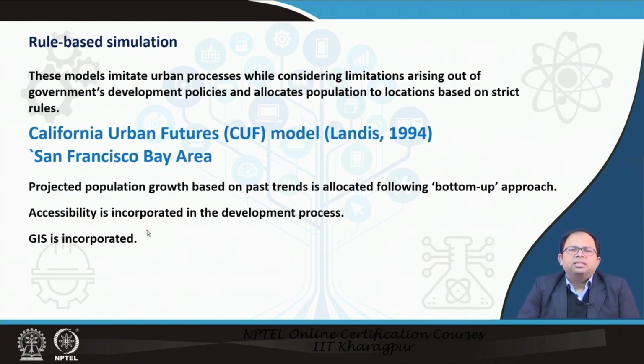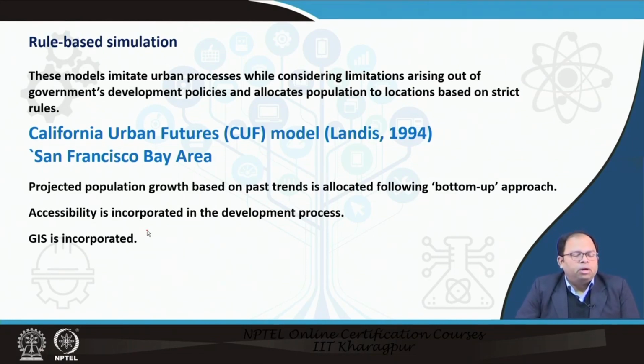For example, development is not allowed in a site which is a wetland. So, it will take that limitation, and based on the normal urban process, it will try to find out how developers are developing a particular land and which of the lands could be developed, and the ones which would be developed more, there more people could be allocated. So, these are the different rules it follows.